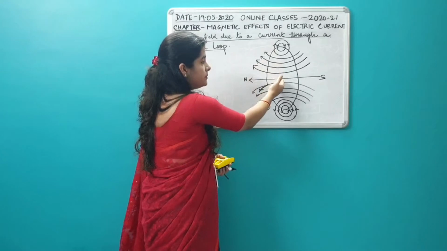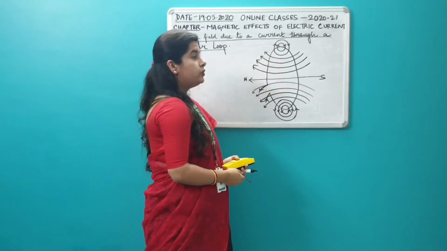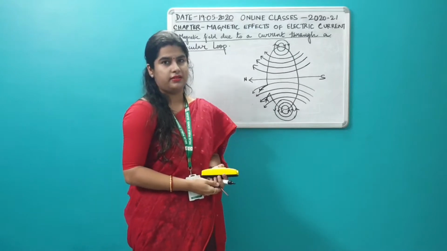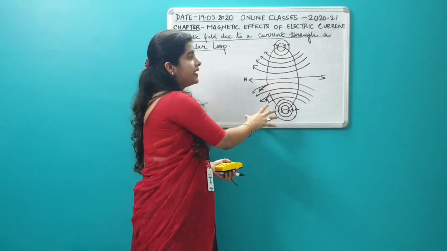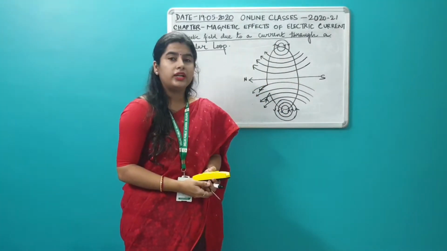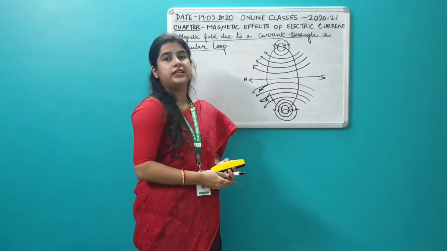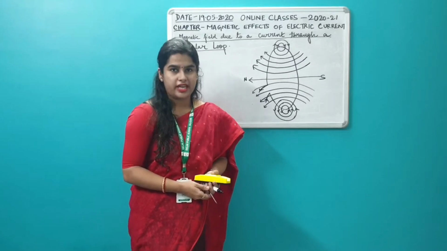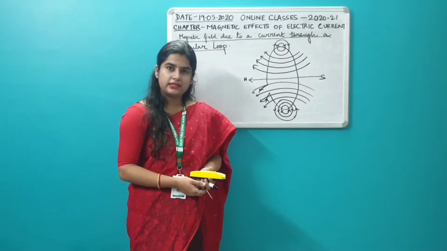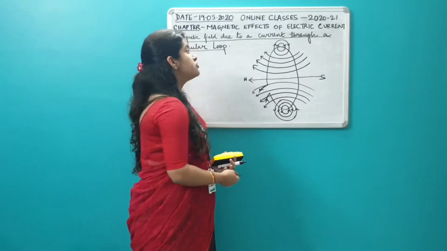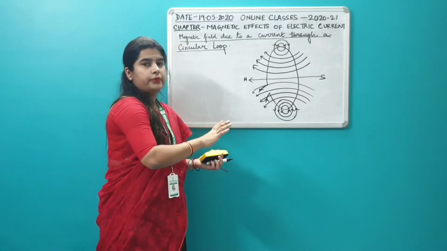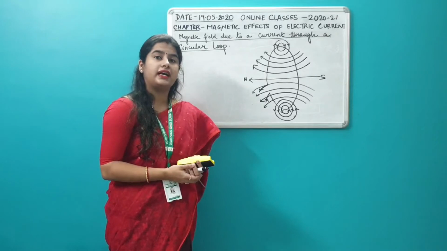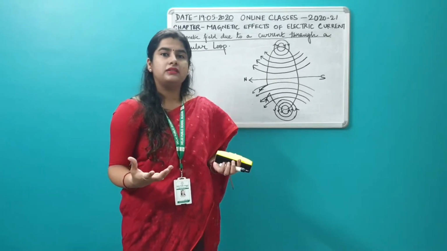And as you come to the center of this loop, you can see the field lines are becoming almost straight. So this is how the magnetic field lines will look like at every point on this conductor, which is circular in shape. Alright?